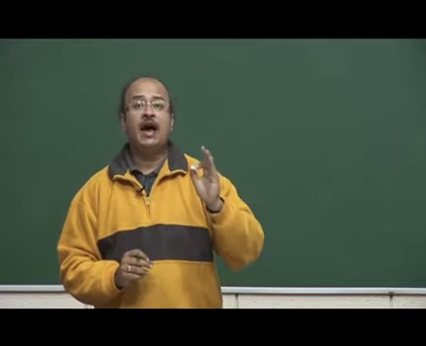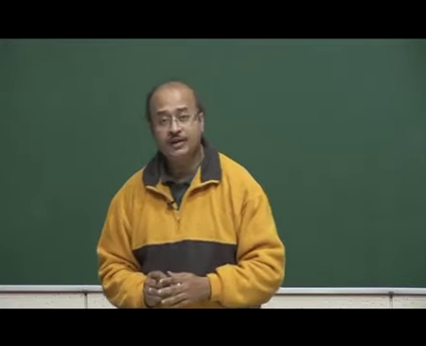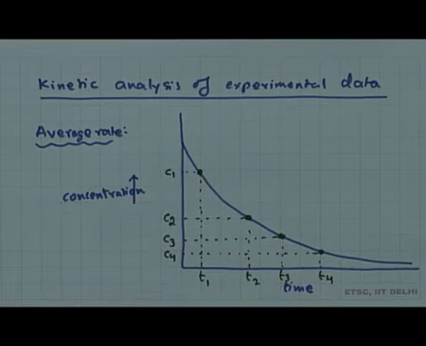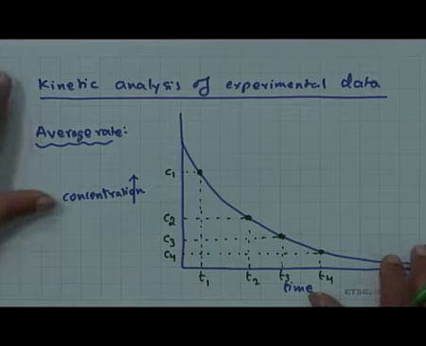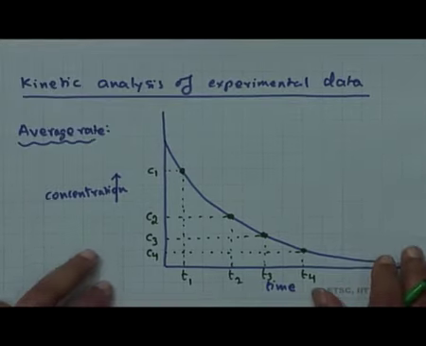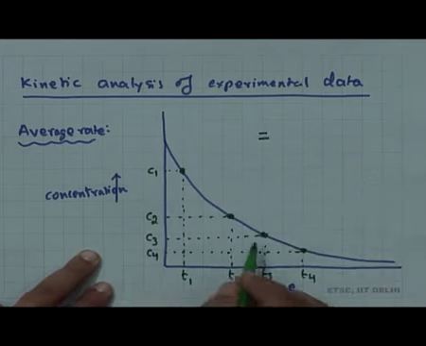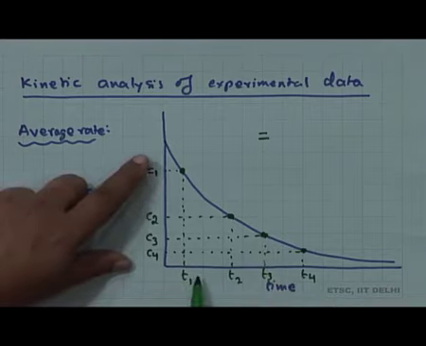Now, when we define the average rate, say we define the average rate between C1 and C3. The average rate is defined like this. The average rate is equal to, say I am taking these 2 points C3 and C1 corresponding to T3 and T1.